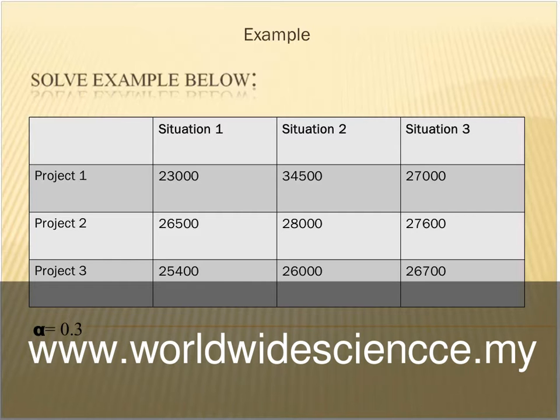Exactly, Mr. Qiyasi is right. We have three situations or three states of nature. So 1 divided by 3 equals 0.3. Alpha is 0.3 for all of the situations, so all of the situations are exactly the same.